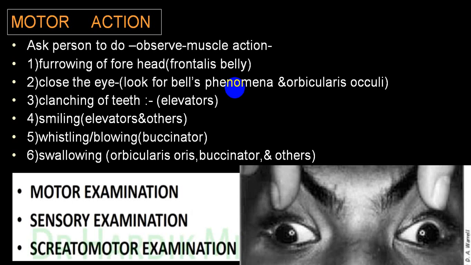Whistling or blowing is done by the buccinator, and swallowing will be done by closing of the orbicularis oris, and then the buccinator with the other muscles which take part in elevation of the floor of the mouth, including even the tongue. So these will be the different actions you can test while examining the facial nerve.